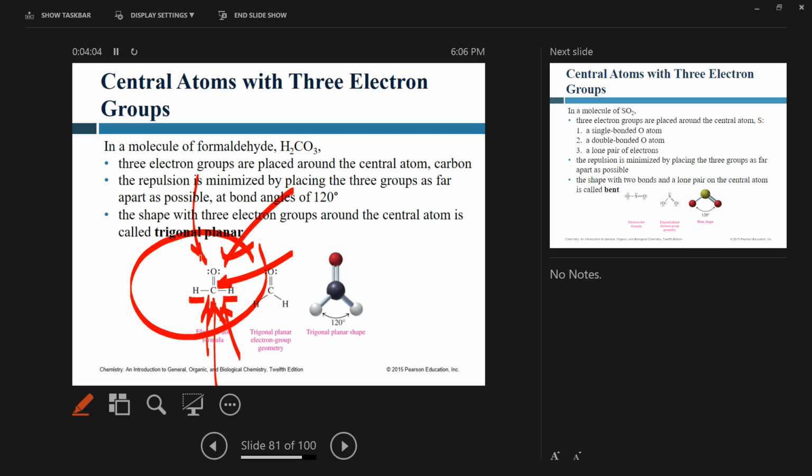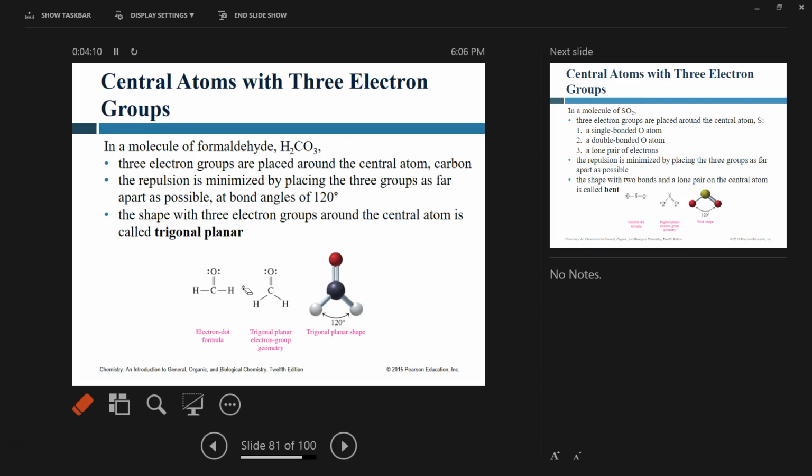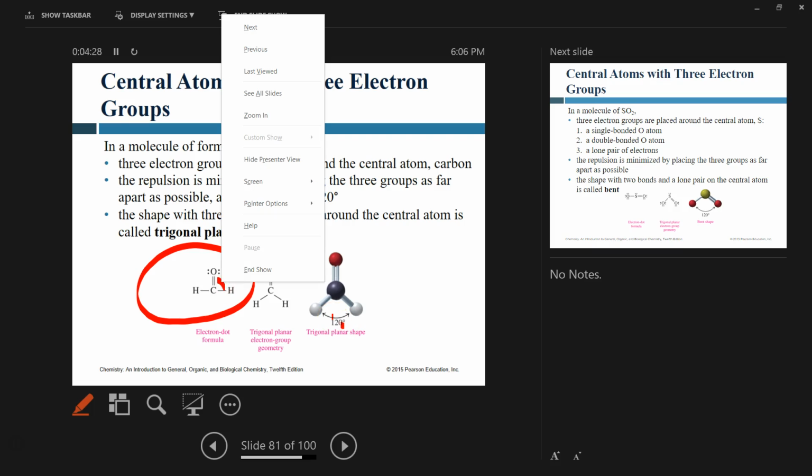So how can you maximize it? Technically, what you can do, you can draw the molecule like this, right? You can draw it. Nothing prevents you from doing that. But in this case, what's going to be the angle between the bonding pair that forms between oxygen and carbon and the bonding pair between carbon and hydrogen?